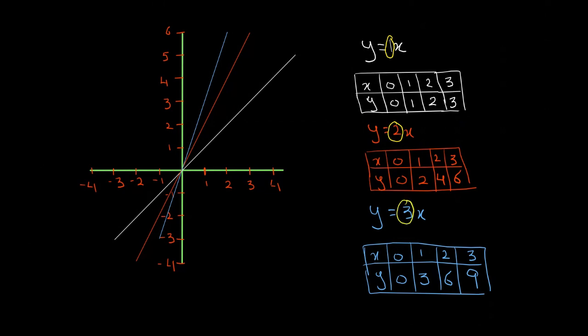So as the value of m increases, our line gets to be sharper, or the slope gets to be higher. Okay, the gradient gets to be higher. So this is like an easier mountain. The white mountain is an easier mountain to climb, the red mountain is a harder mountain to climb, and the blue mountain is an even harder mountain to climb.